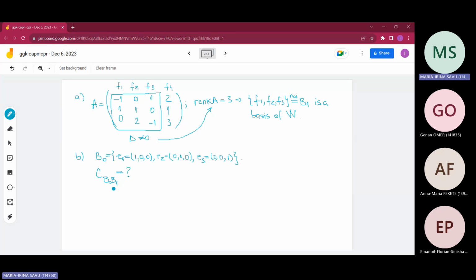So in order to find this matrix, you have to write F1, F2, and F3 using E1, E2, and E3.